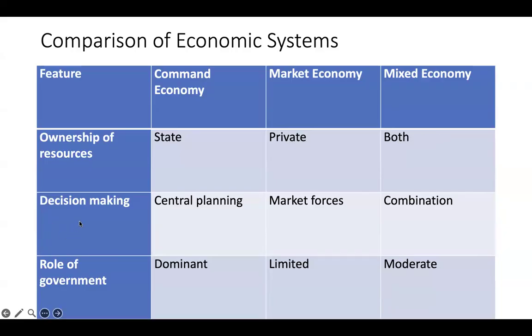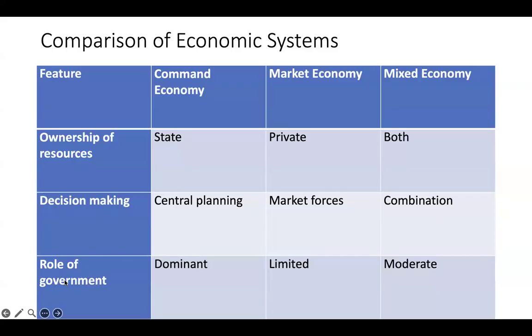With decision making, under the command economy it is central planning that makes the decision. But with the market economy, it is demand and supply that makes economic decisions. And with the mixed economy, it is market forces plus central planning, plus the government.